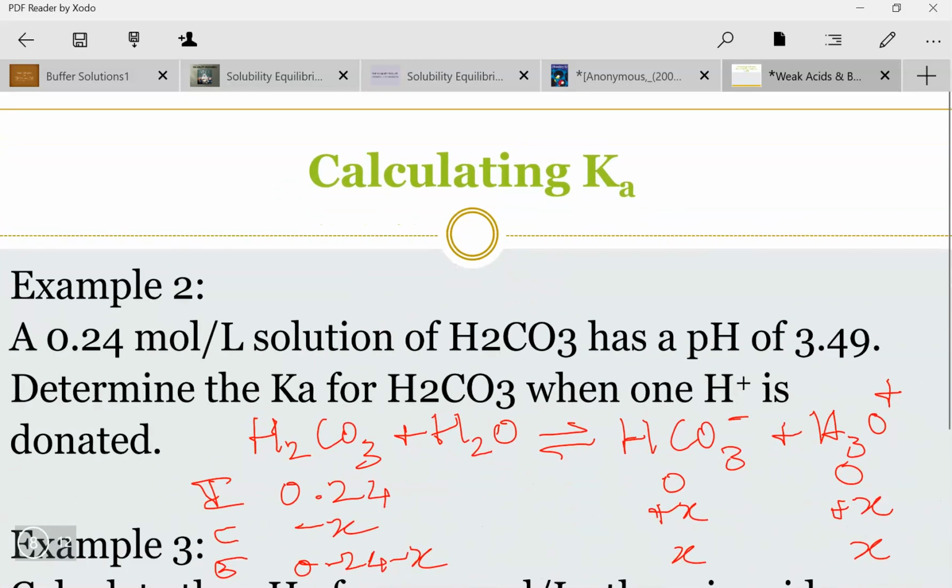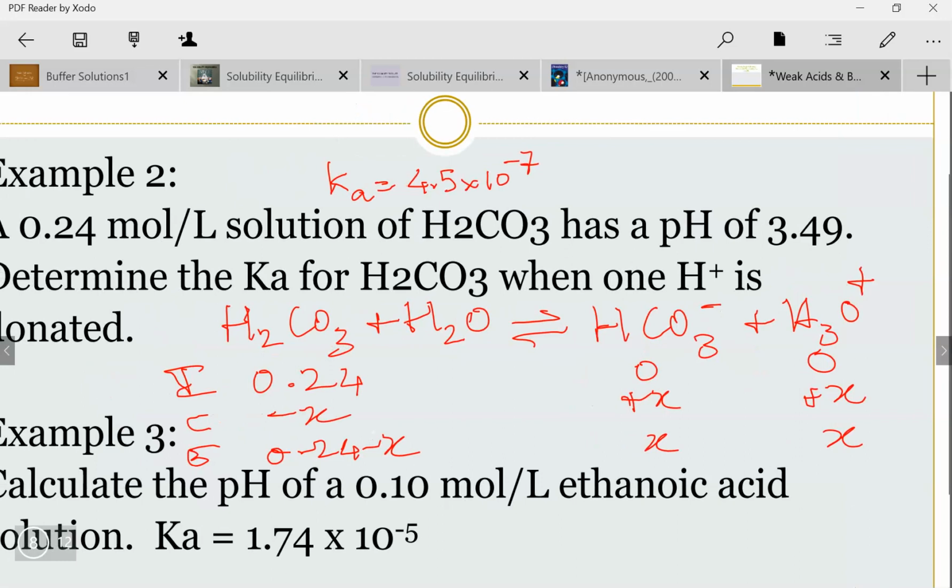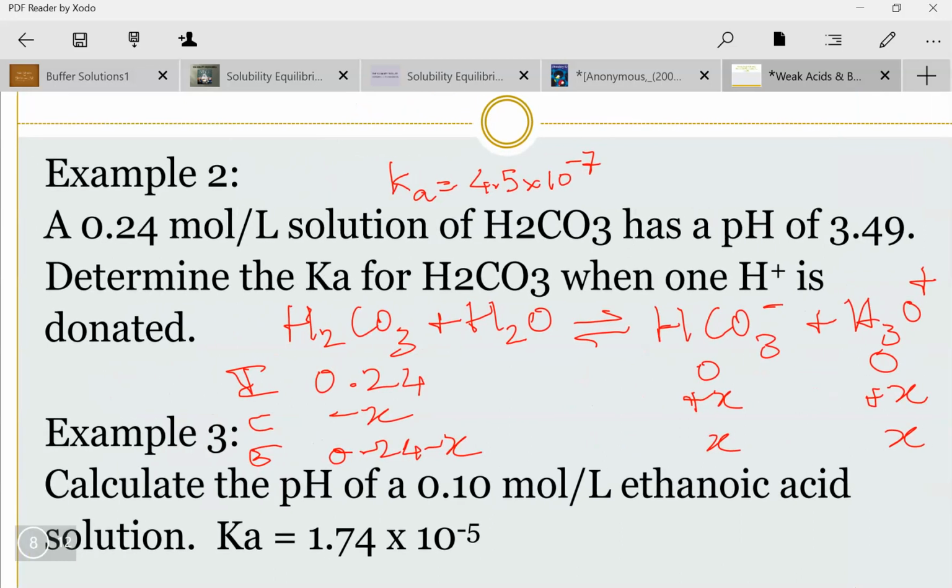Excellent. I have found my Ka from the back of the textbook, and now I'm going to set up my... Oh, I have to determine Ka. Jokes. Don't look at the back of the textbook, guys. I lied. This is what I have to find. Well, it is given in the back of the textbook, but I'm asking you to calculate it physically.